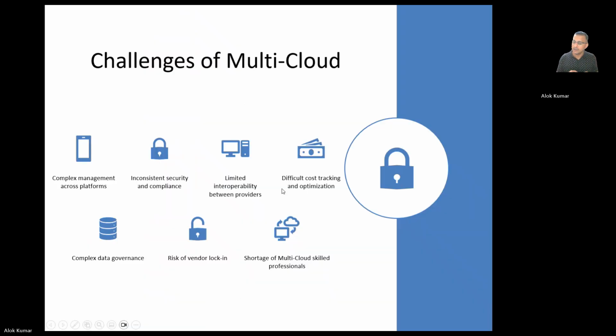Now, these are the benefits. Along with the benefits, there are also challenges with multi-cloud stacks. The major challenge is that you rarely find professionals who have multi-cloud skills. You cannot easily find people who are good in AWS, Azure, and Google Cloud.